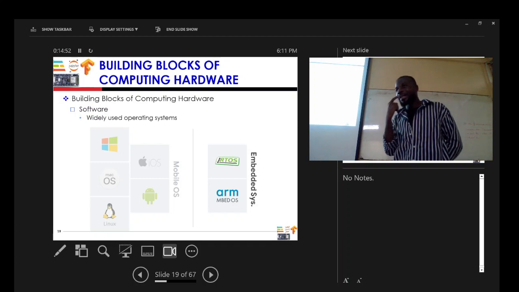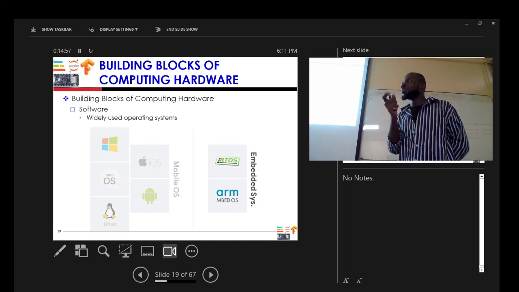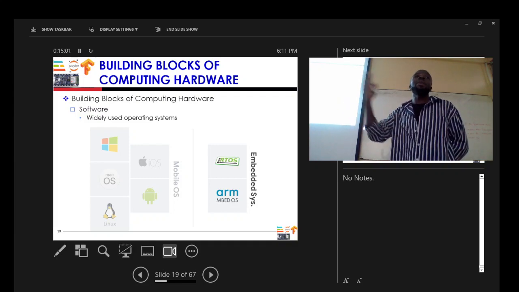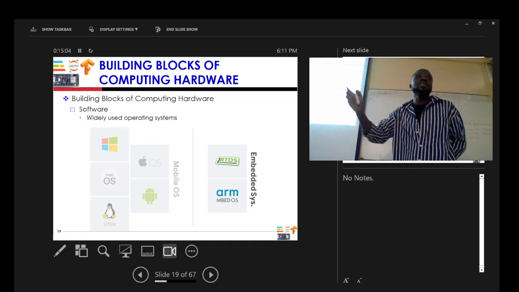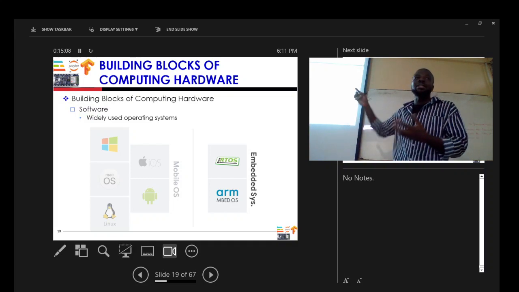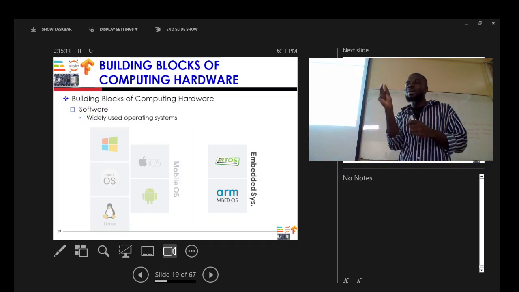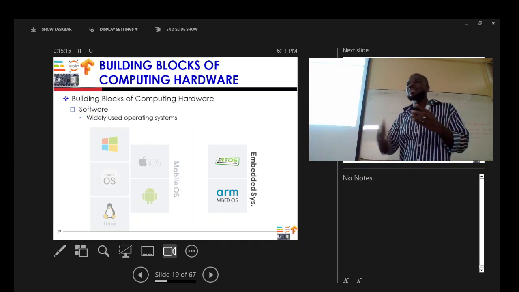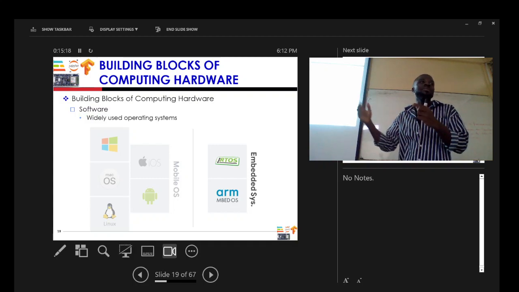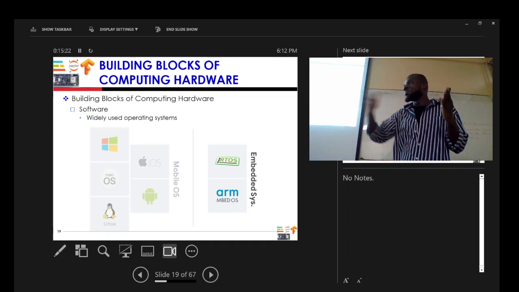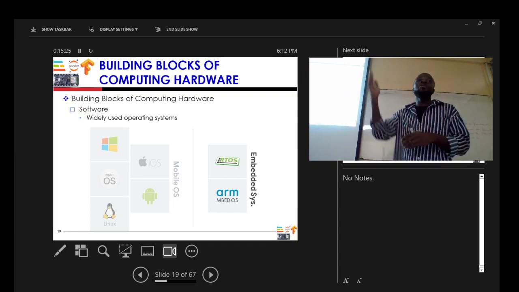But the issue is that once you have this operating system running on it, it is taking space, and then we have only 1 megabyte of flash left. So if you are designing an application that will use one of these OSs, you have so little space left for your application to run. The OS will take probably 90% of it, and you have only 10% left.